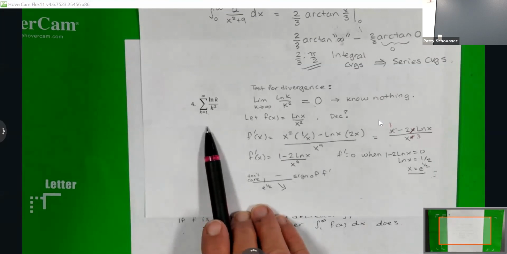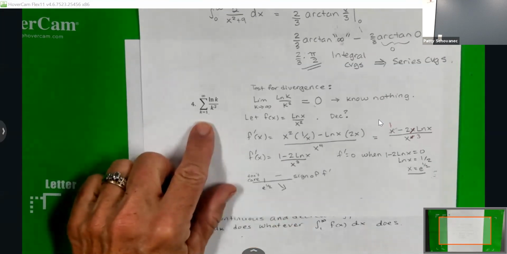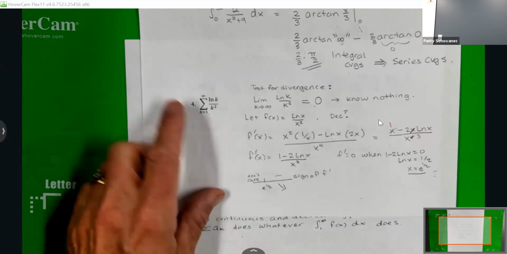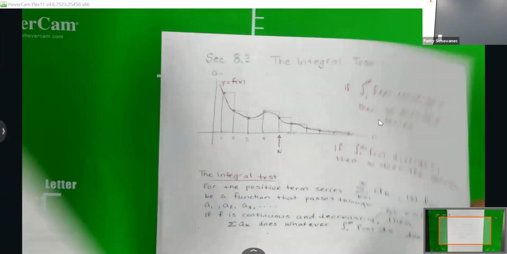If I just had the 1 over k squared, that would be a convergent p-series. The series that has a logarithm in the numerator and a p-series term in the denominator is going to be called a q-log series.